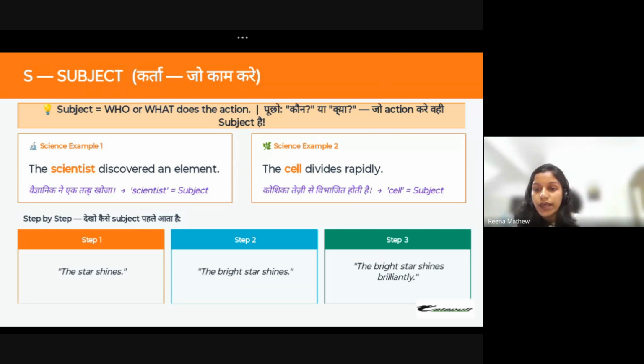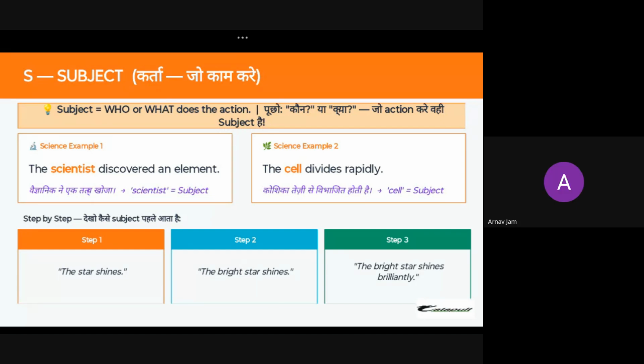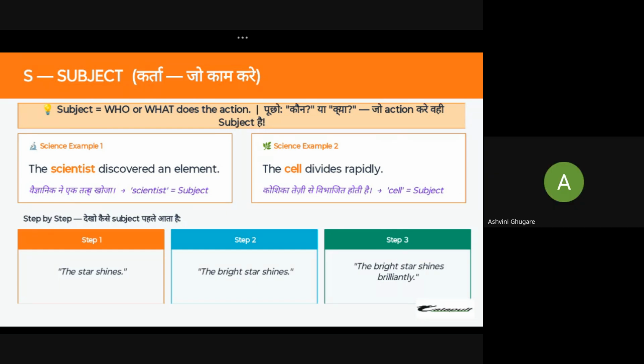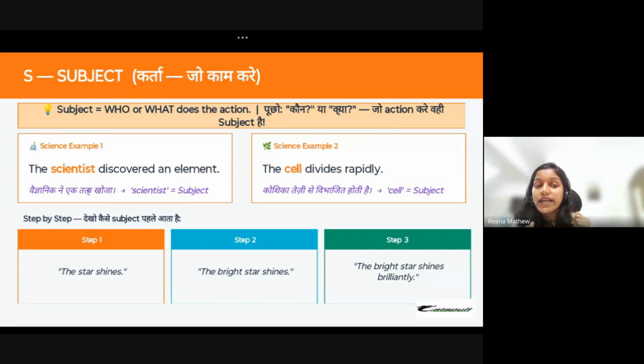Now we look at this example. The star shines. We play cricket. Who is the subject in this? Shine? No, there's a correction. The star shines. I'm asking you for the subject. Shine is the verb, the kriya, the action that is happening. So what is shining? The star.